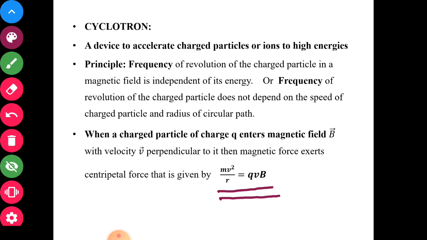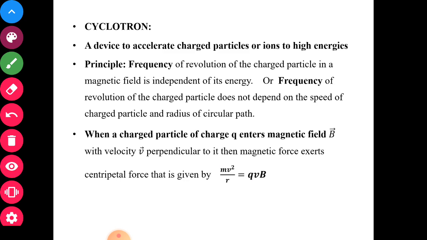which is produced by this motion of the charged particle in magnetic field when the charged particle is moving perpendicularly to the magnetic field. Okay, so this is the centripetal force which is provided by this magnetic force.